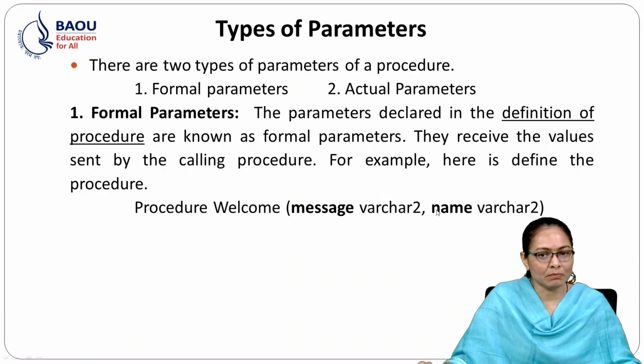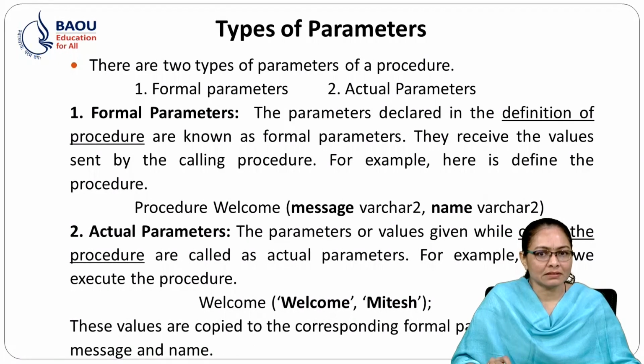Message and name both are parameters. These are the two parameters and this one is the data type of the parameter. Here the message and name parameters are called the formal parameters.